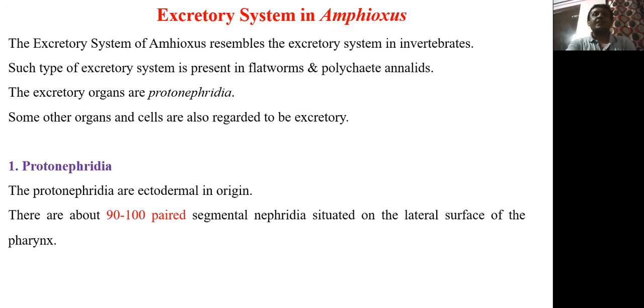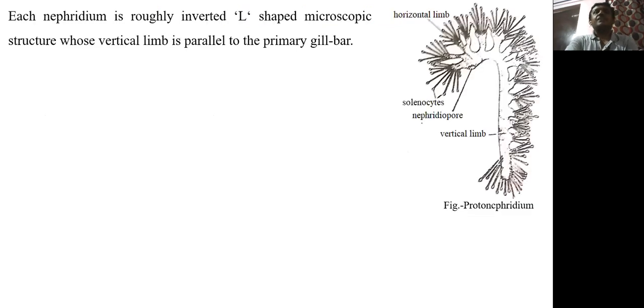They are situated on the lateral surface of the pharynx, so generally this type of excretory organ is present in the pharyngeal region, or you can say in the branchial region. Each nephridium is roughly inverted L shape.